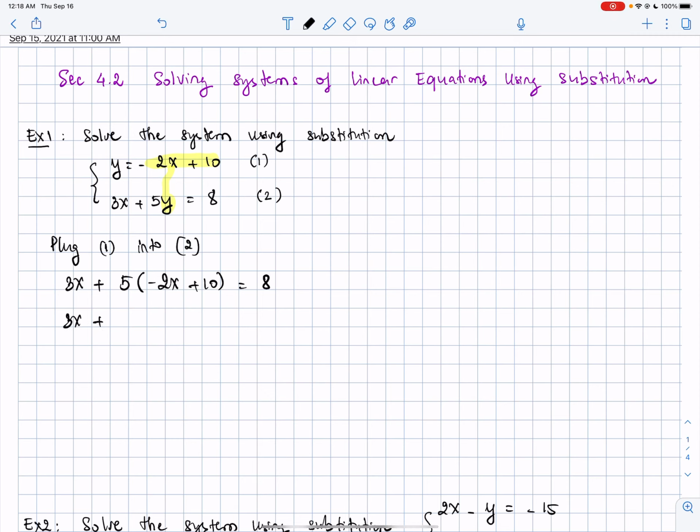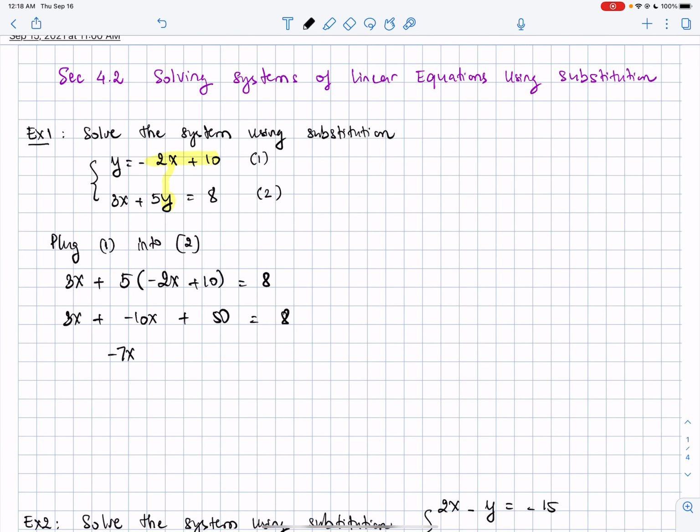So 3x plus negative 10x plus 50 equals 8.